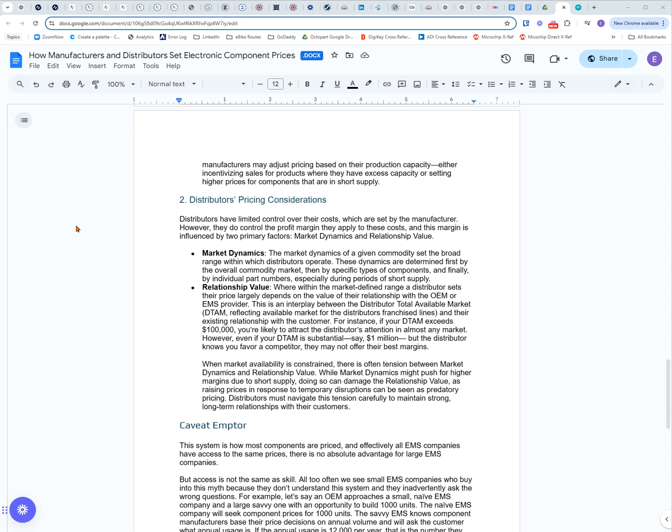A good way to think about it is that for any given commodity, there's a range where the distributor is going to set the margin, a high end and a low end of the range.